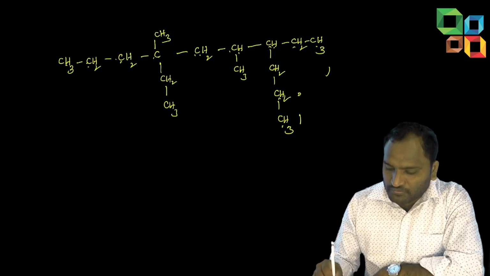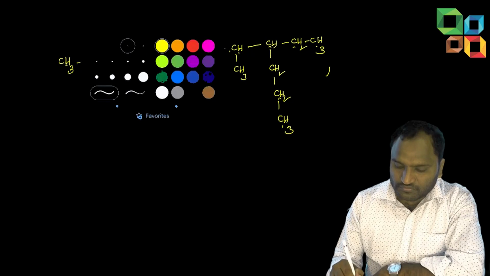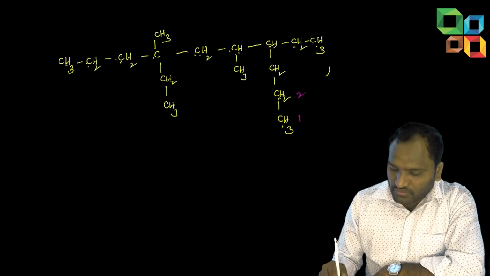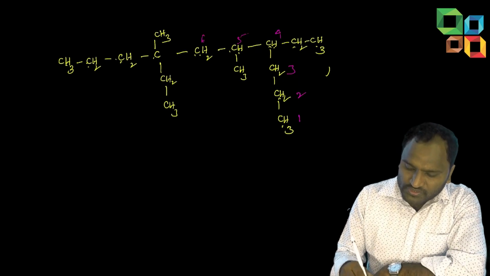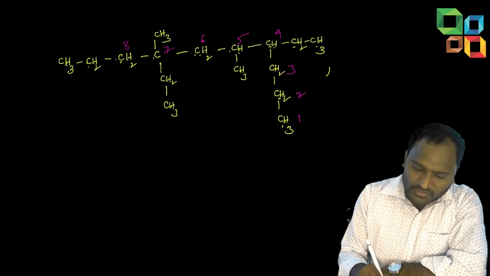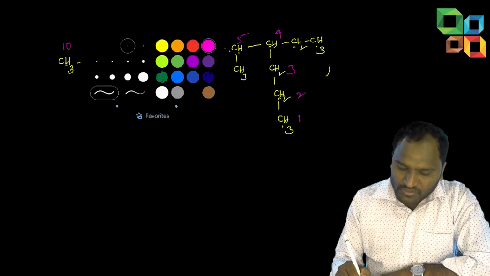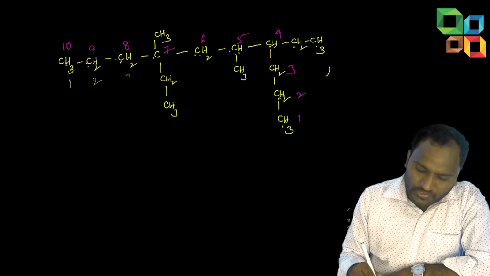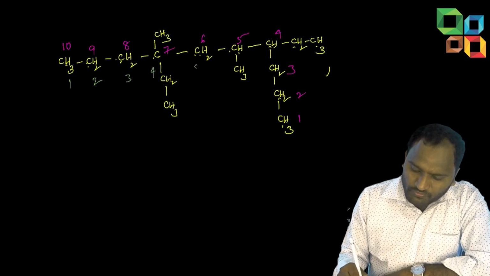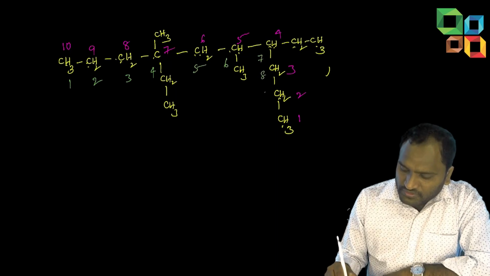Color I will change, so you won't get any confusion. 1, 2, 3, 4, 5, 6, 7, 8, 9, 10. This is one direction. Another one, green I'll give. 1, 2, 3, 4, 5, 6, 7, 8, 9, 10.